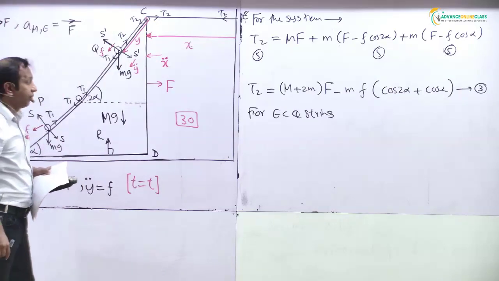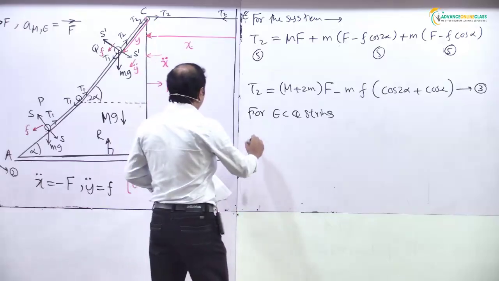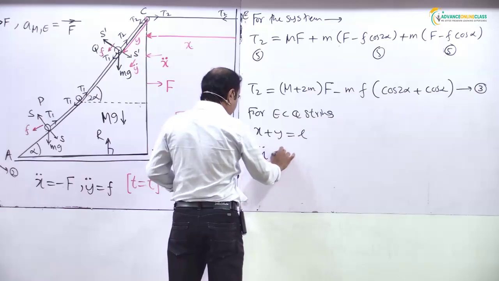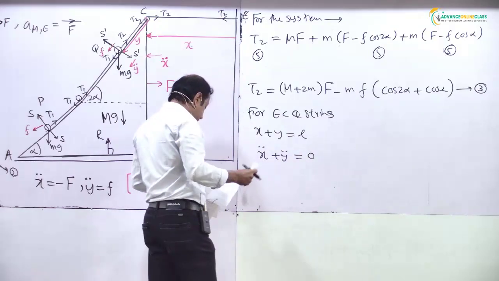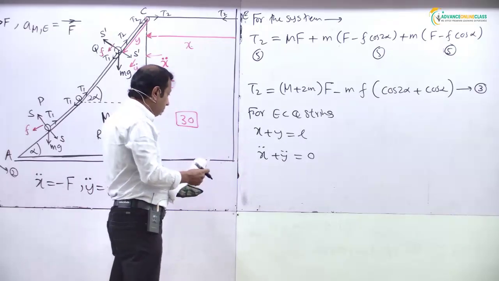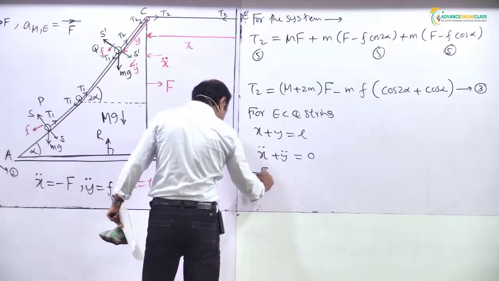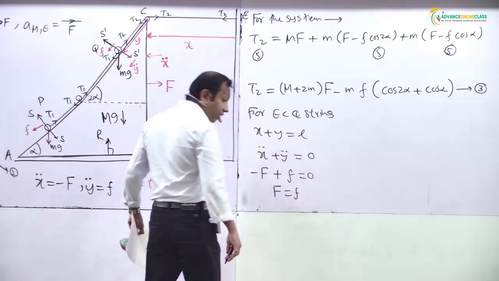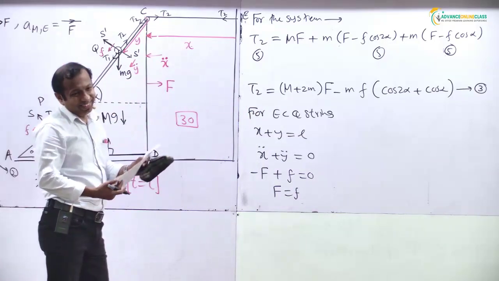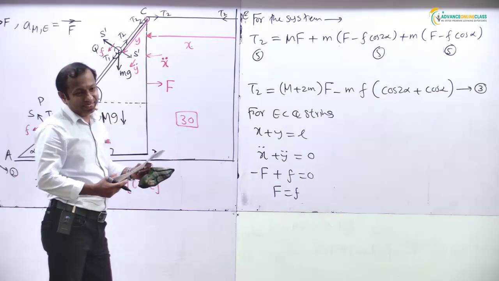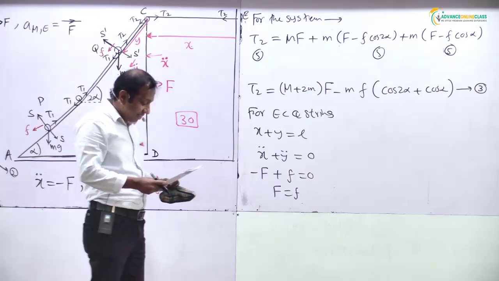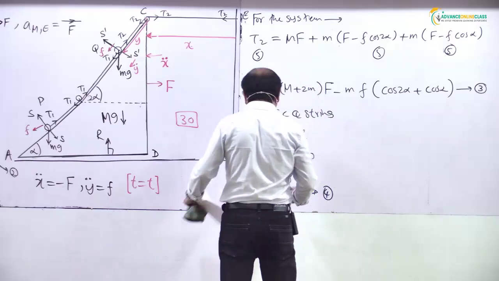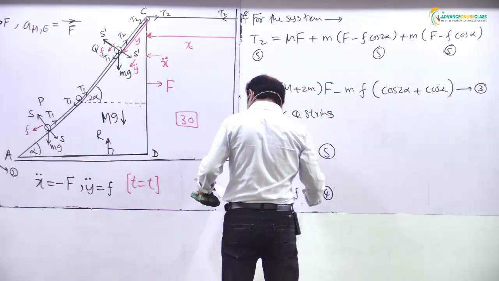X plus Y equals L. X double dot plus Y double dot equals 0. But what is X double dot? Minus f. What is Y double dot? F equals 0. What is this? Small f equals capital F. This is number 4. Here 5 marks.